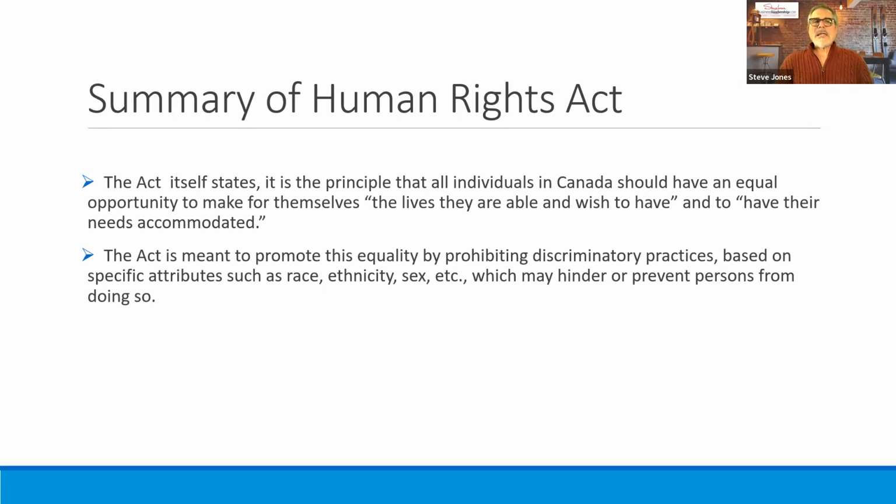So the Act is not intended to force us to treat everyone equal. The Act is intended to not treat people badly or unequally because of one of the prohibited grounds.